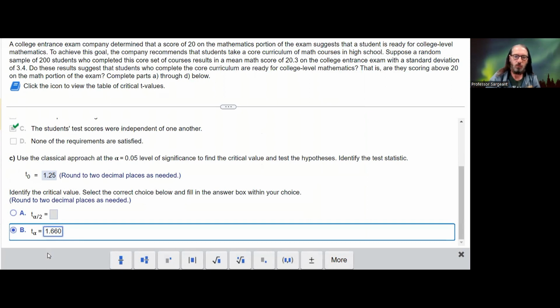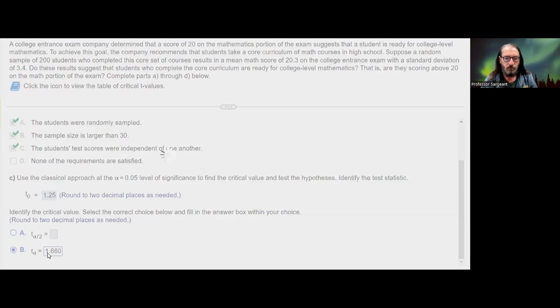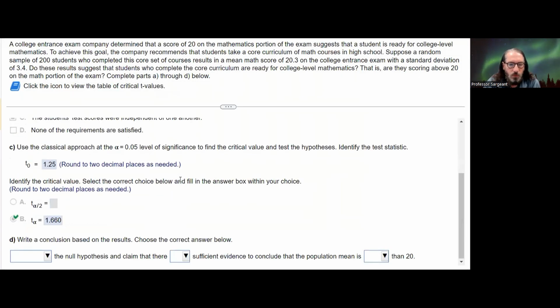It's going to be harder to reject that innocent until proven guilty because of that sample size, and we're missing some information. Okay, so our t-value was 1.25 versus a critical t-value of 1.660.